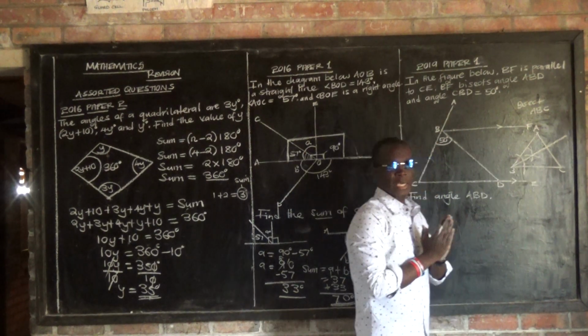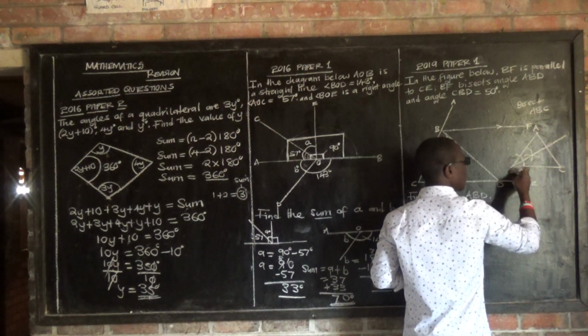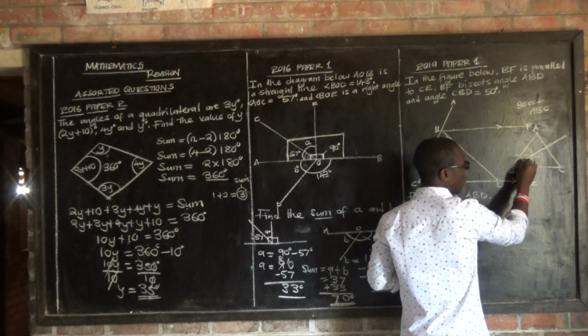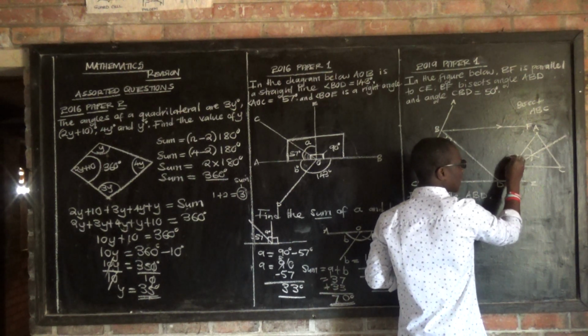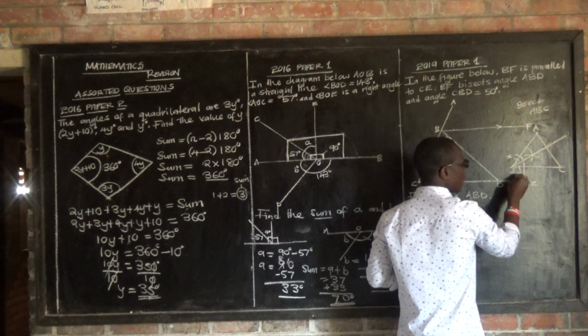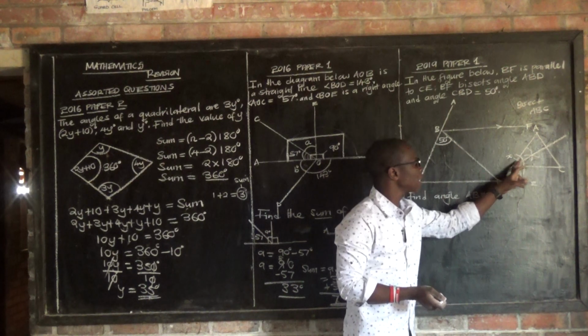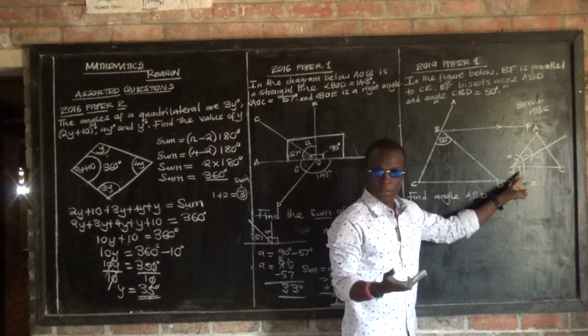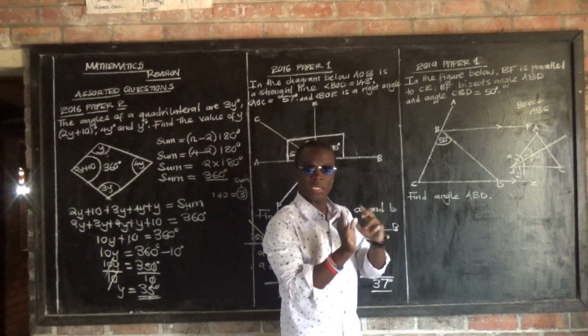If you bisect angle ABC, it simply means this angle, look at this angle, guys. Let's say this angle is x and this angle is y. It simply means x and y are equal. You divided the angle into two equal smaller angles.